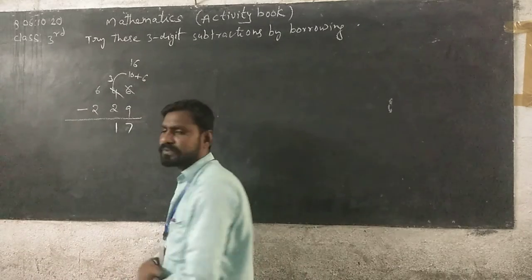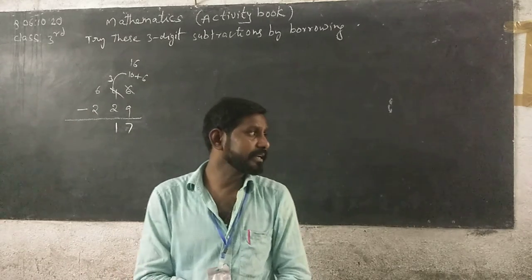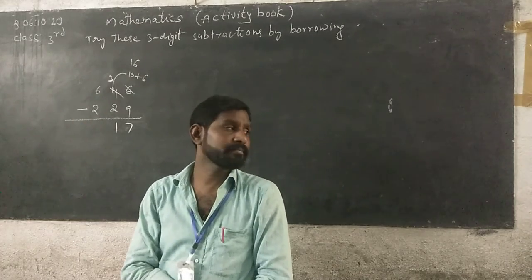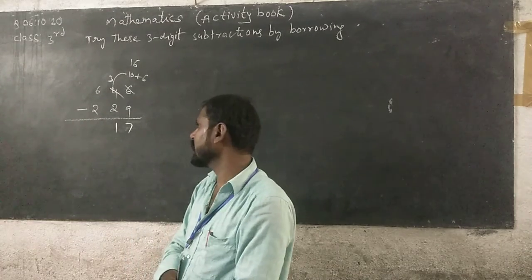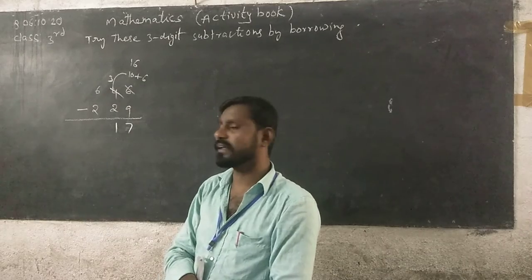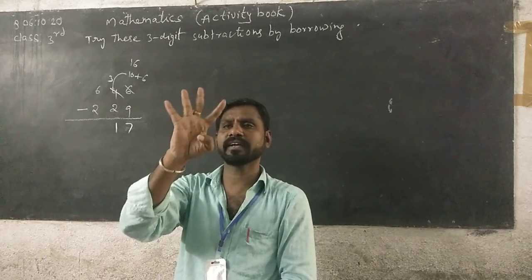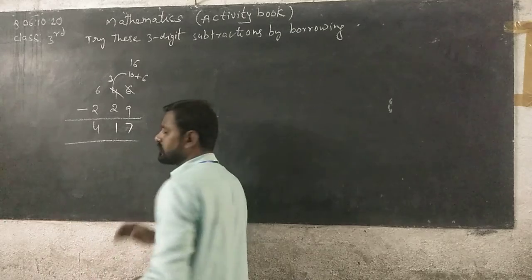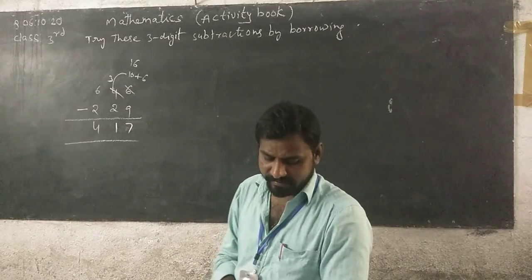Then subtract the digits in the hundreds place. This is the last column of the given number. Here you can count 2 after up to 6: 3, 4, 5, 6. You get 4. What is the difference? 417.